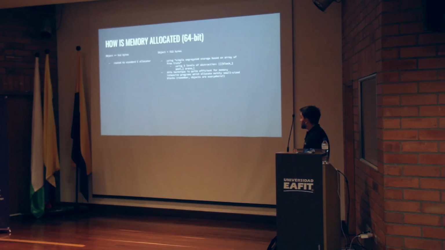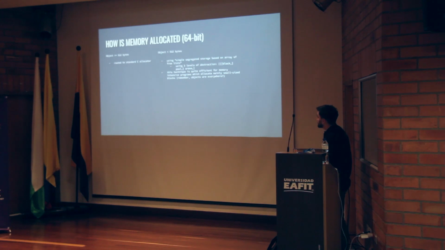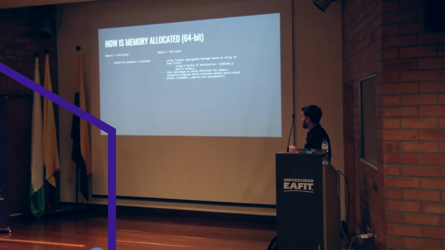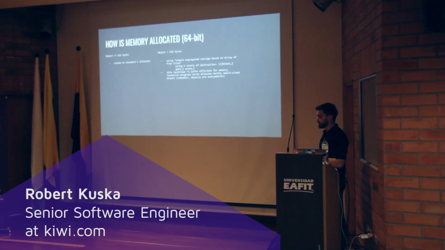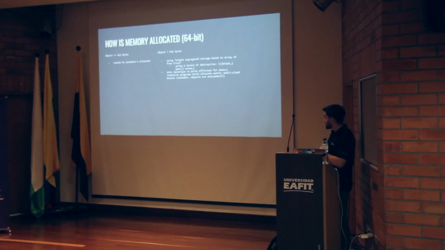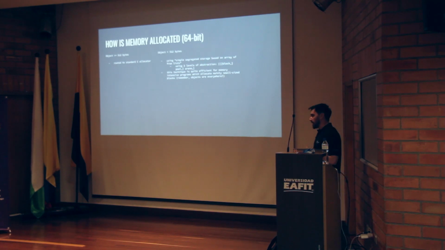What I think is far more interesting and far more important for Python are the objects which are smaller than 512 bytes. Because, as I told you at the beginning, everything in Python is an object, and as such there is a big overhead when objects are being created.